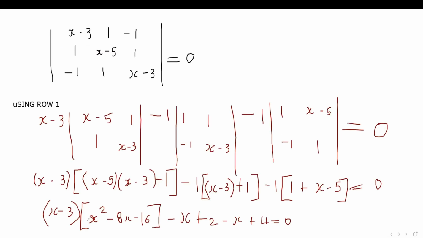Going to be x cubed minus 8x squared, and it's going to be minus 16x. Then we're multiplying minus 3 times everything. So just to go back, x times this is x cubed minus 8x squared minus 16x.